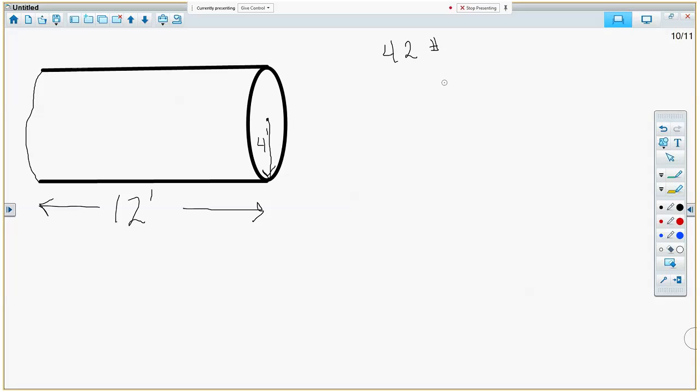Is that above the point? I think so. Hold on, let me look. I didn't write down the... Yes. It's full. And 42 pounds per cubic foot.